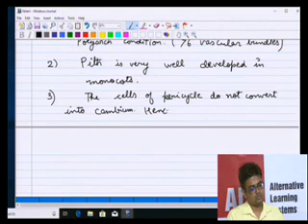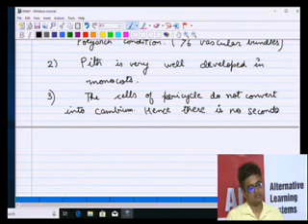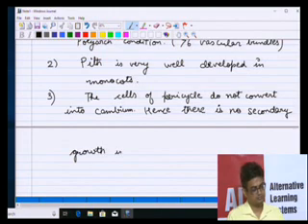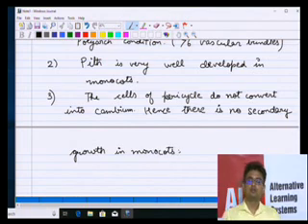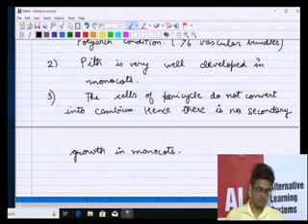Hence, there is no secondary growth in monocots.